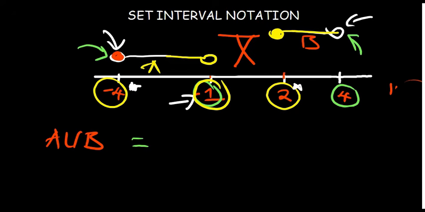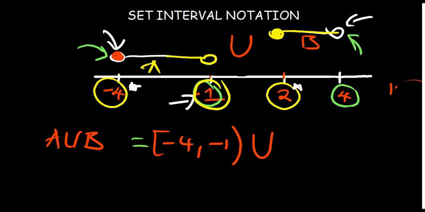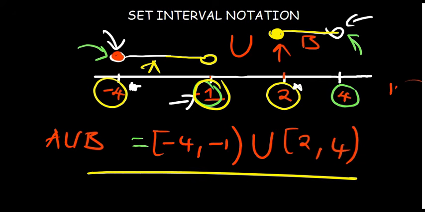In such a case, for the region that is missing, we put a union in between. So our answer will just be: set A is moving from -4, where -4 is shaded, up to -1, where -1 is not shaded. Combine that using the union, and then 2 is shaded all the way up to 4, and 4 is not shaded. So this is a representation of a case where there's a gap, where there's no intersection, of how you represent the union.